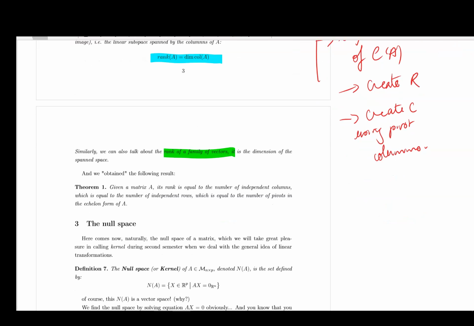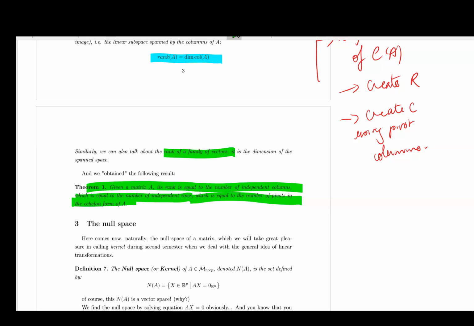Okay, and we obtain this theorem. Given a matrix A, its rank is equal to the number of independent columns, which is equal to the number of independent rows, which is equal to the number of pivots in the echelon form of A. So when you're doing the echelon form of A, you can simply count the number of pivots, and that's giving you the rank of the matrix.